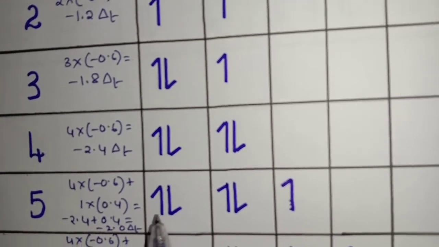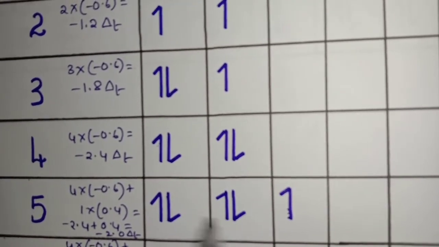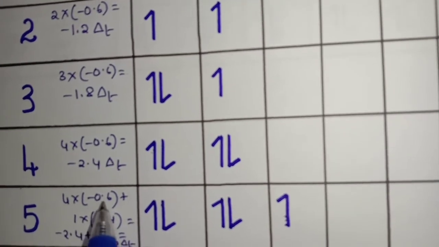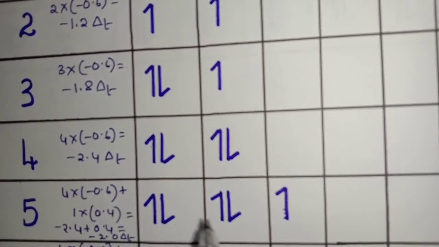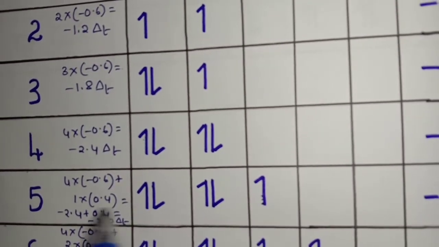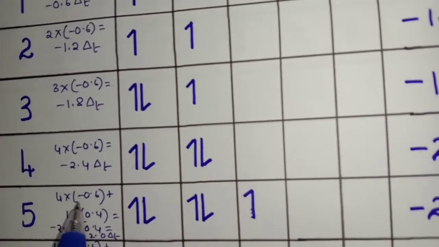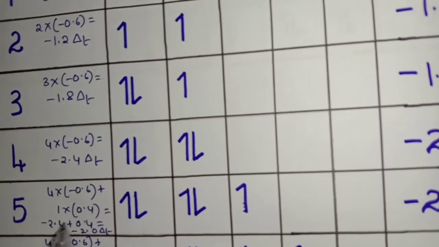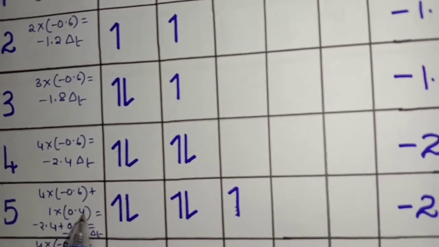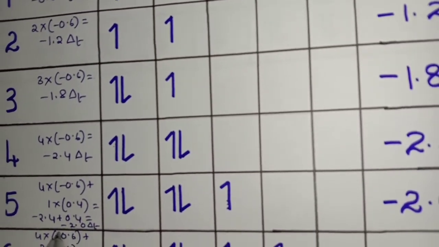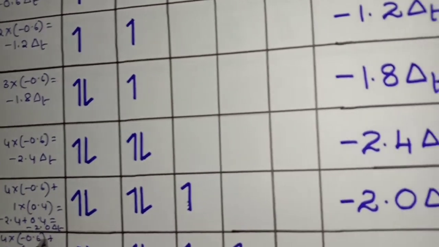How many electrons in Eg students? 4. So 4 into minus 0.6 plus how many electrons in T2G? 1. 1 into 0.4. It becomes equal to 4 into minus 0.6, minus 2.4, plus 1 into 0.4. It is equal to minus 2.0 delta T.